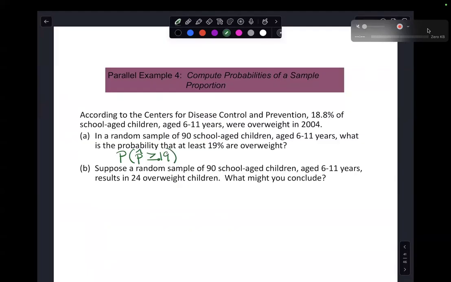So first thing I'm going to do is find my mean and standard deviation. Mu sub p hat is just going to be 0.188. Sigma sub p hat is going to be the square root of 0.188 times 1 minus 0.188, divided by 90. So we're looking for that standard deviation.